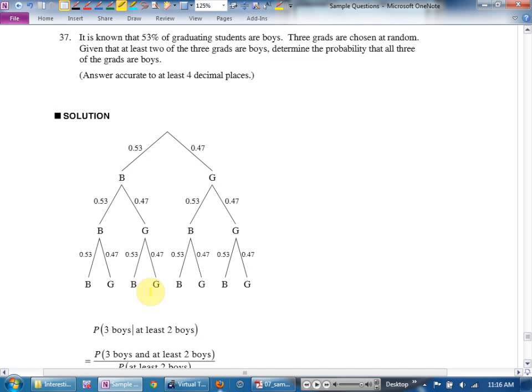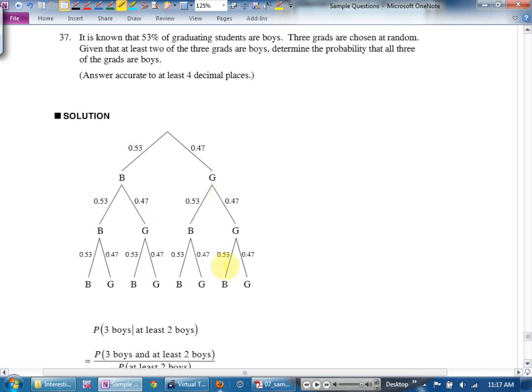What do they want you to find? Given at least 2, find that there are 3 boys.